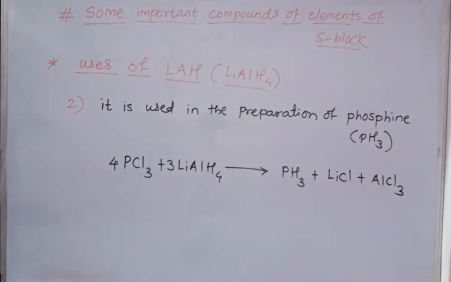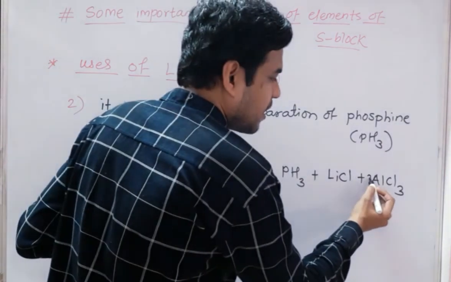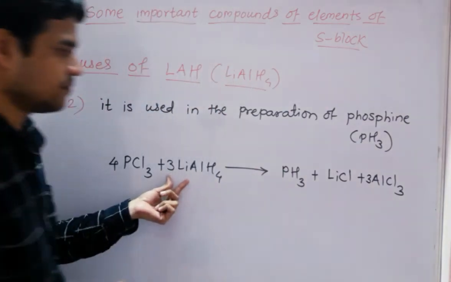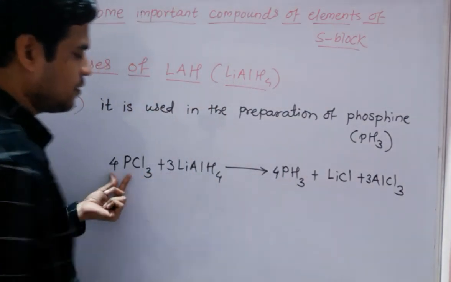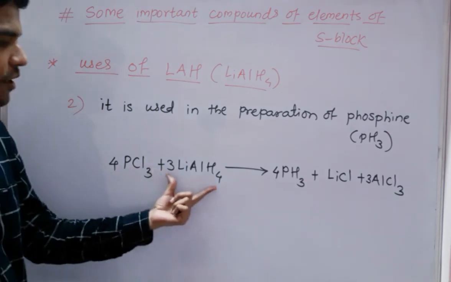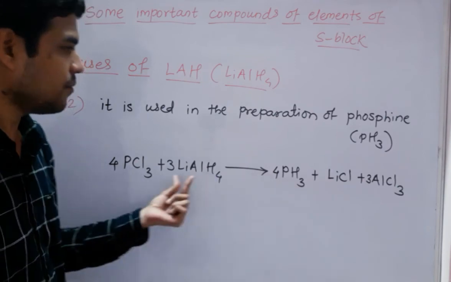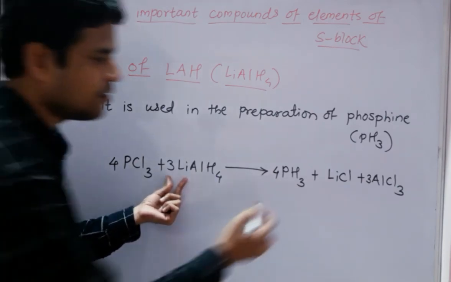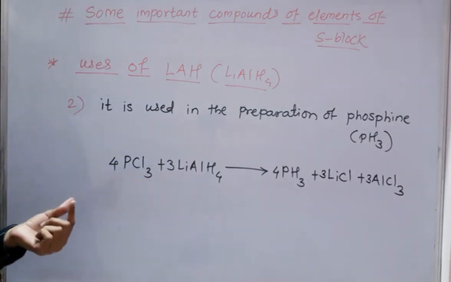How many aluminum are there? On the left side there are 3 aluminum, so you have to multiply here by 3. Okay, how many phosphorus are there? 4. Okay, hydrogen, look at the hydrogen, 3 into 4 12, 4 into 3 12 hydrogens are there. Now lithium remain 3 Li, so यहाँ पे multiply करना पड़ेगा. You have to multiply this by 3.